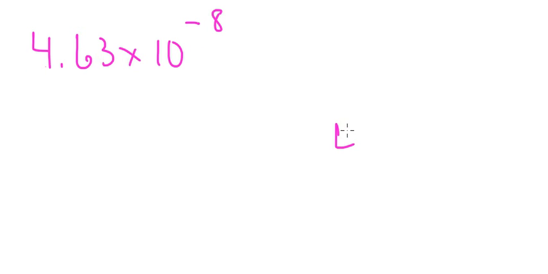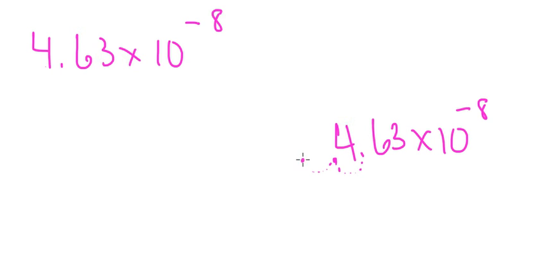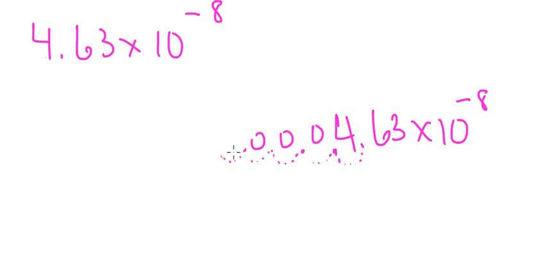As a matter of fact, if I put this down here, 4.63 times 10 to the negative 8, and I go out 8 places, then I'm going to have 1, 2, I got to put a 0, 3, 4, 5, oops, hang on, 5, 6, 7, 8.